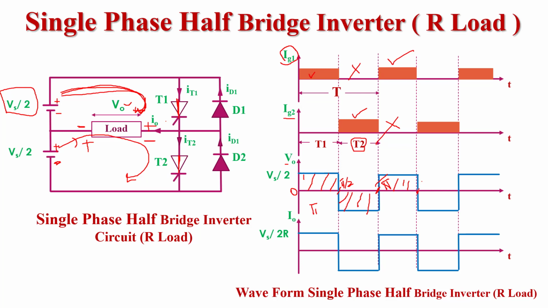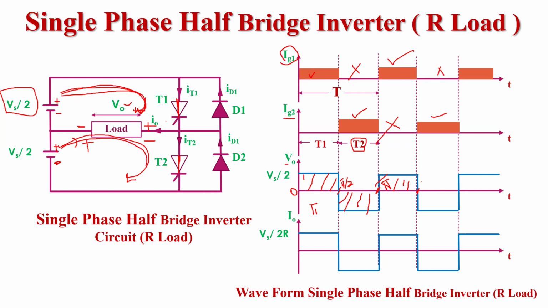Okay. What happened again? Again we remove the triggering pulse from the T1 thyristor. So the T1 thyristor is off this time and we provide a triggering pulse to the T2 thyristor. So this time the T2 thyristor will turn on. When T2 turns on, current flows in this direction.